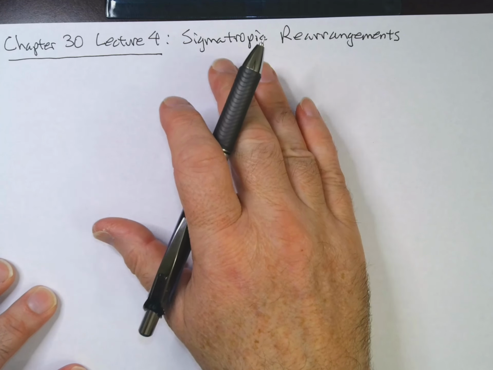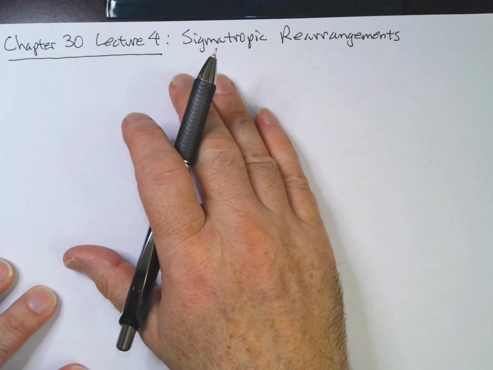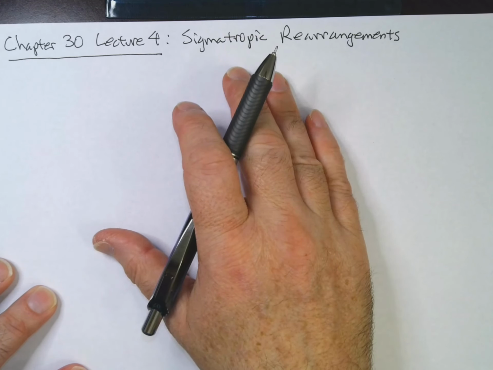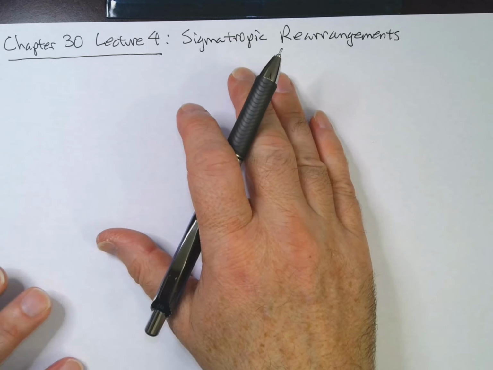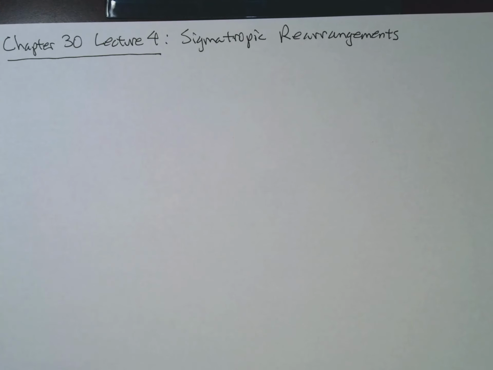Now, you won't need to know for this class any Woodward-Hoffman rules for sigmatropic rearrangements. They do exist. They involve some additional concepts that I really don't think we need to go into.